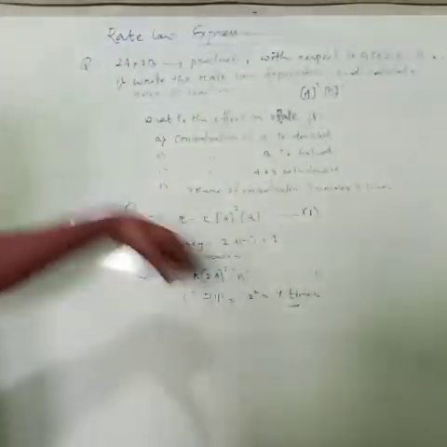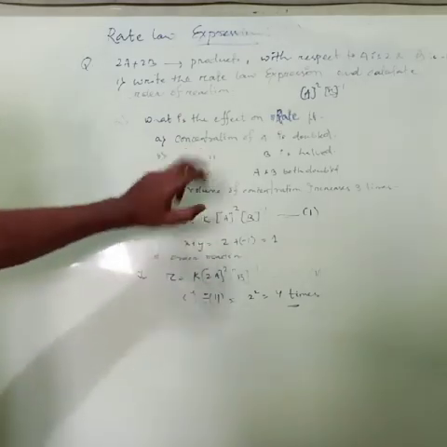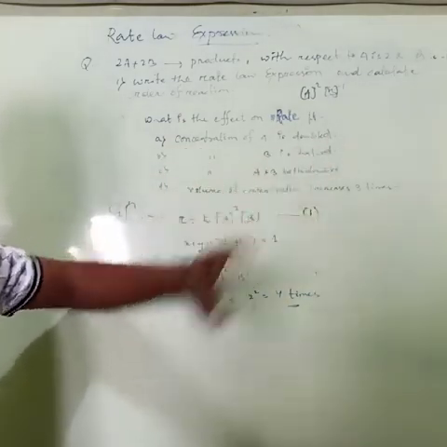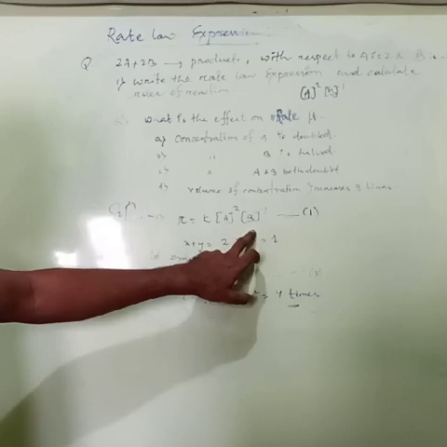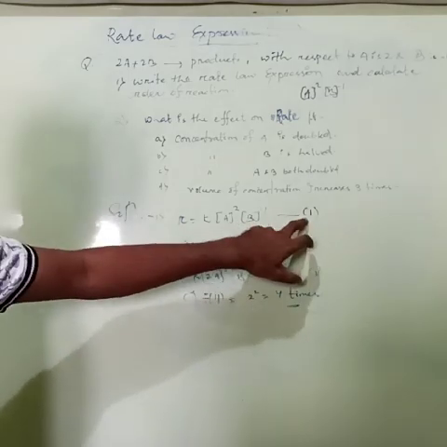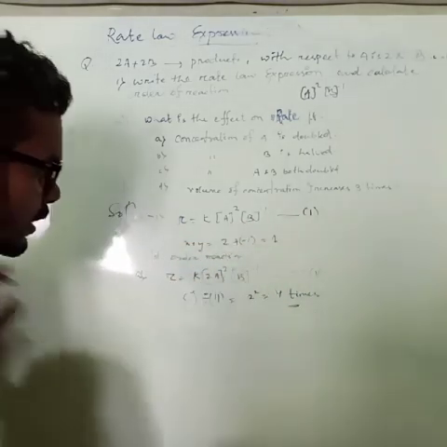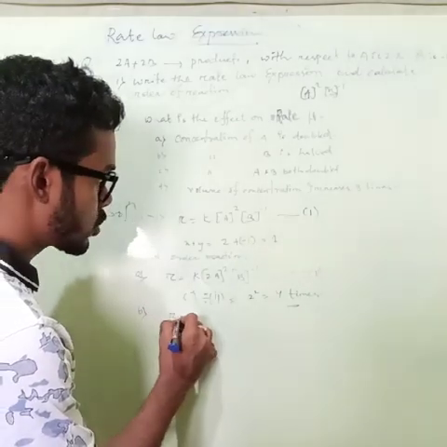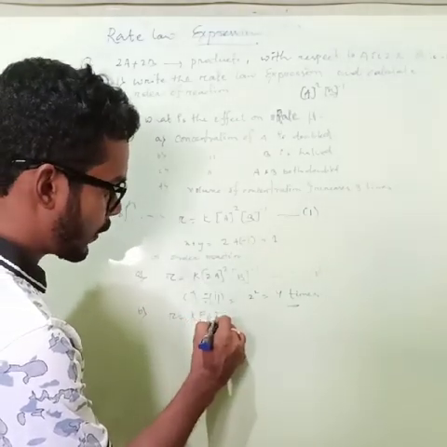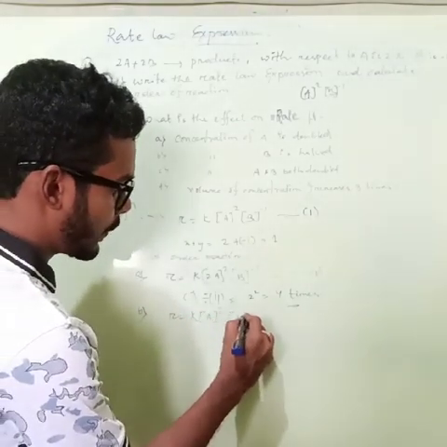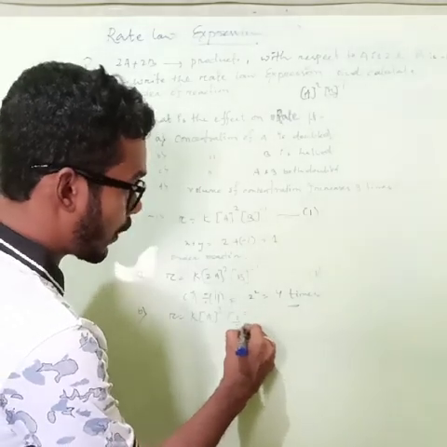Simultaneously, you will do the second one. If B is halved, meaning B by 2, consider the first as equation 1 and another equation for B: R equals k into A to the power 2 and B by 2 to the power minus 1.